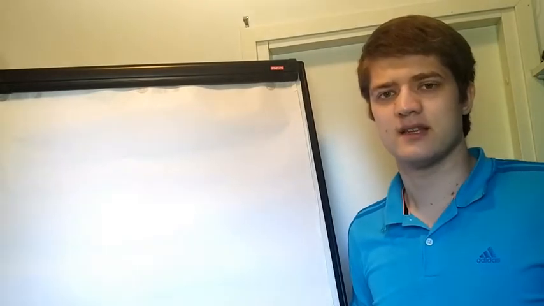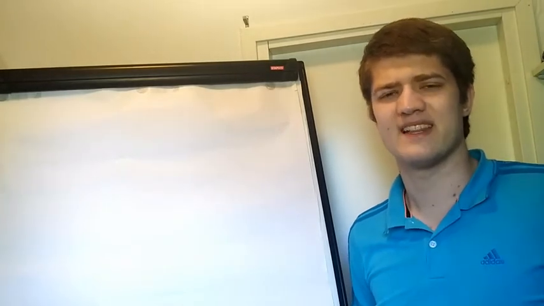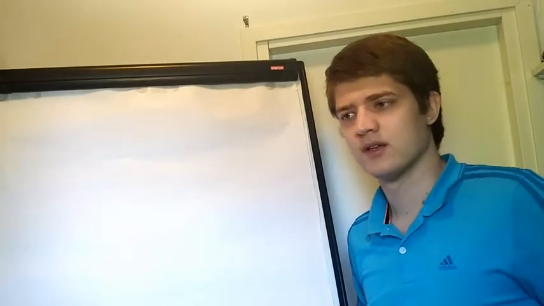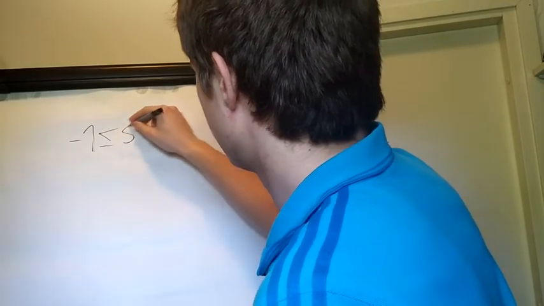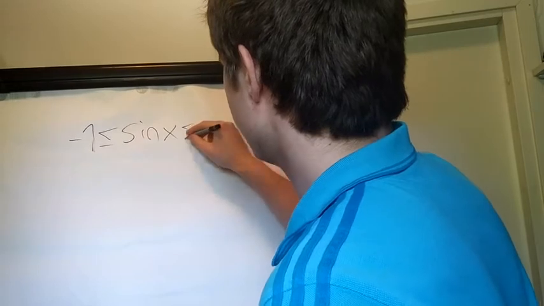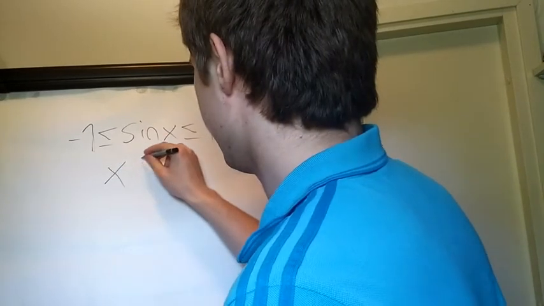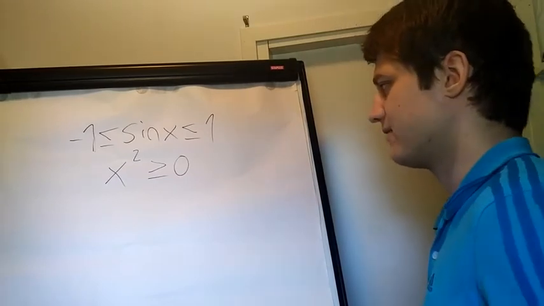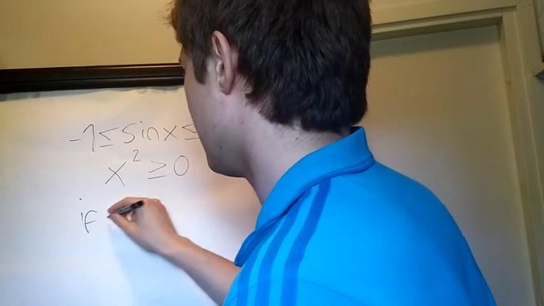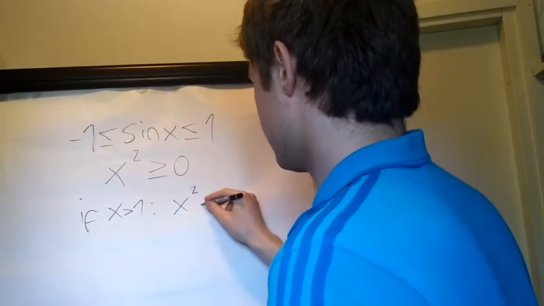This mathematical skill is important, in my opinion, if you want to be good at math, but it is often forgotten at school. So what is it? It is using simple facts such as: for all real x, sine x is between -1 and 1, and for all real x, x squared is always a non-negative number, and, for example, if x is greater than 1, x squared is greater than x.